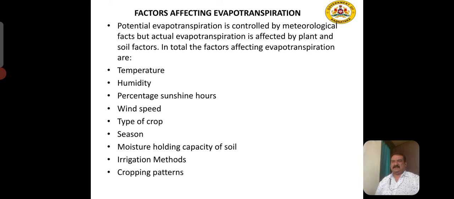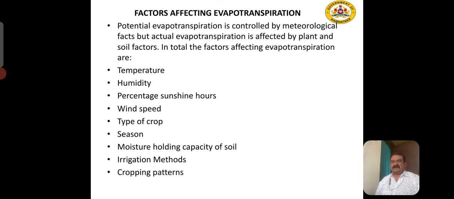Here also in evapotranspiration, the potential evapotranspiration is controlled by meteorological factors, but actual evapotranspiration is affected by plants and the soil. As evapotranspiration also occurs due to the soil and plants, hence potential evapotranspiration is controlled by meteorological factors, but actual evapotranspiration is affected by plant and soil factors.